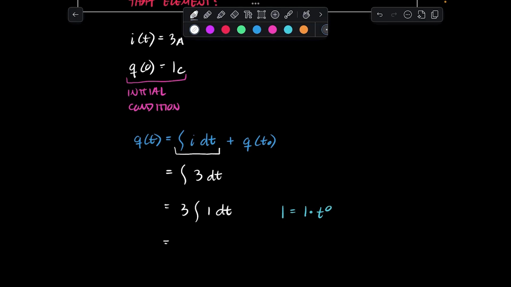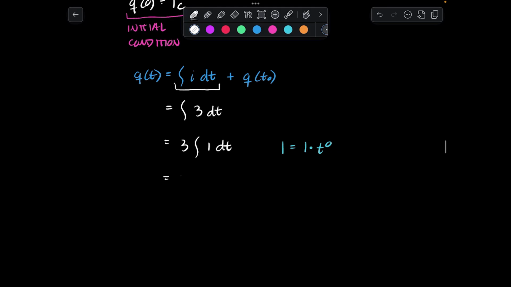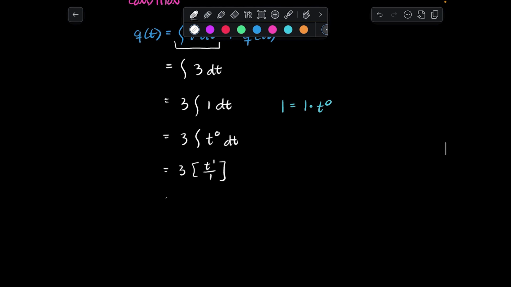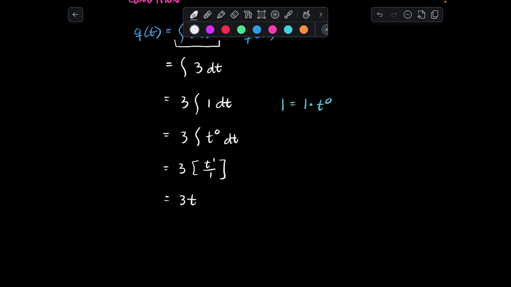And so we can replace this with 3 times the integral of t to the power of 0 dt. And we get 3 times t to the power of 1 over 1, which is equivalent to 3t. And that's our Q of t.